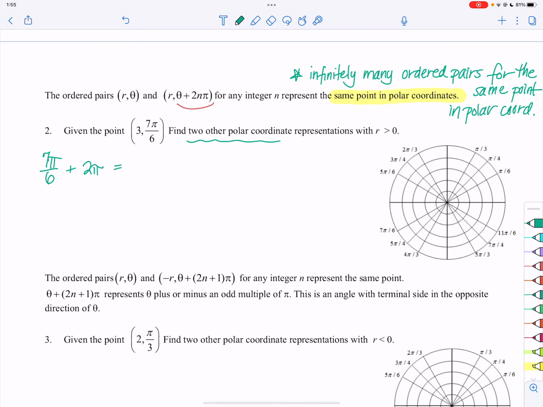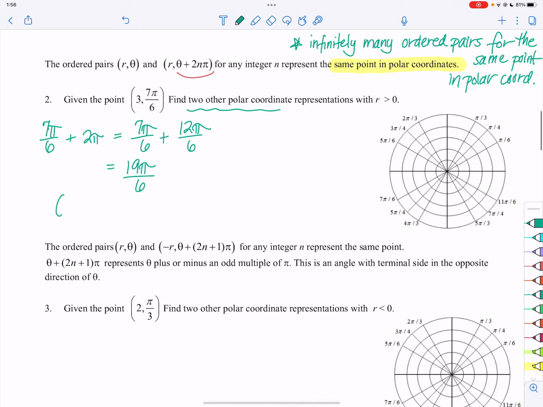And of course, that's equal to 7 pi over 6 plus 12 pi over 6. And we come up with 19 pi over 6. And that ordered pair would be 3, which is our r, 19 pi over 6 as our theta.